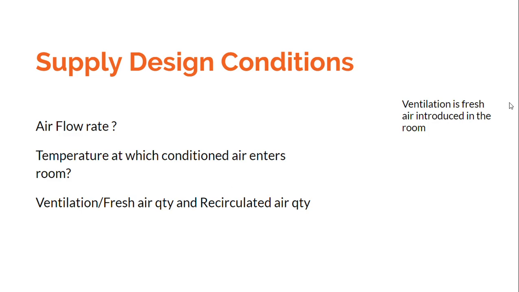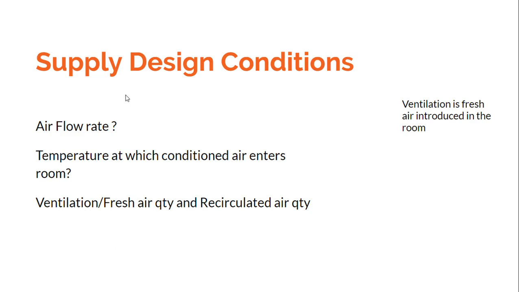If you are supplying fresh air, your air flow rate would be different. The temperature at which the conditioned air enters the room would be different. So how much should be the flow rate? At what temperature should the conditioned air be supplied? And what should be the mix of ventilation and recirculated air? These are called supply design conditions.